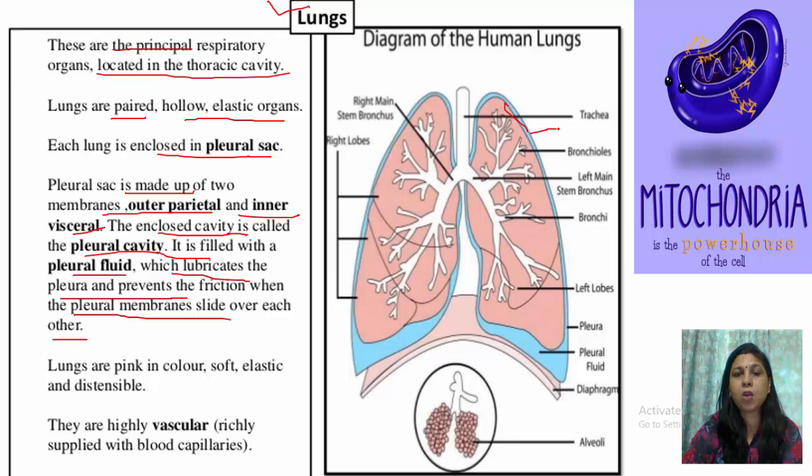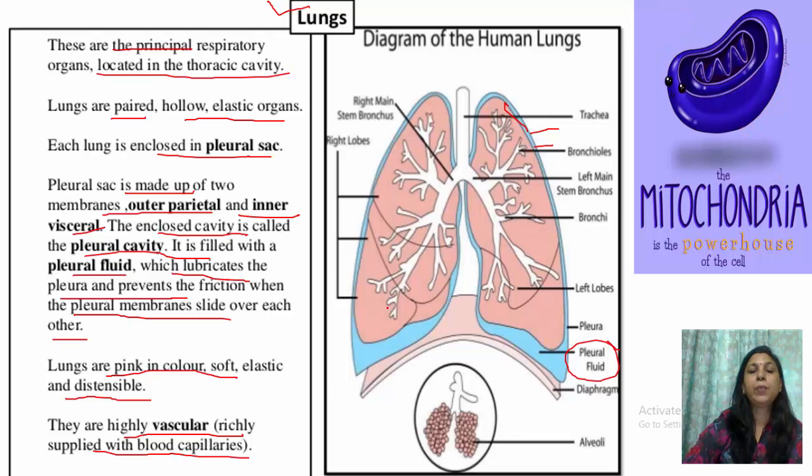The outer one is the outer parietal and the inner one is the inner visceral, and this is filled with pleural fluid, which helps to prevent friction between the pleural membranes. Lungs are pink in color, soft, elastic and distensible. They are highly vascular, richly supplied with blood capillaries.